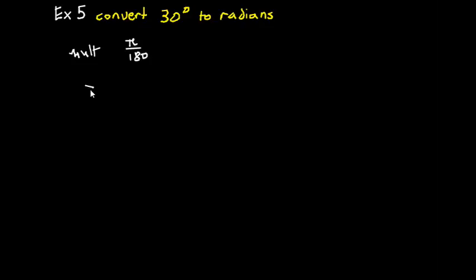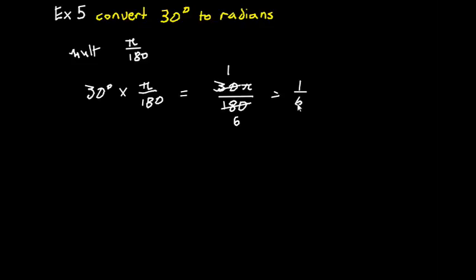So all we need to do is take our 30 degrees, multiply it by pi over 180, and essentially we'll get 30 pi over 180, and we can do some cancellation here. 30 and 30 is a common multiple, so we'll get 1 over 6 pi, or simply just pi on 6.